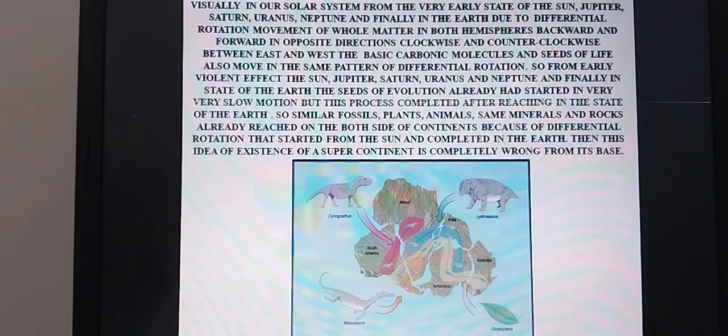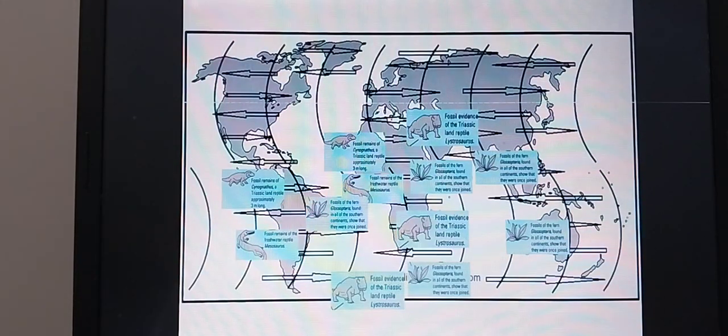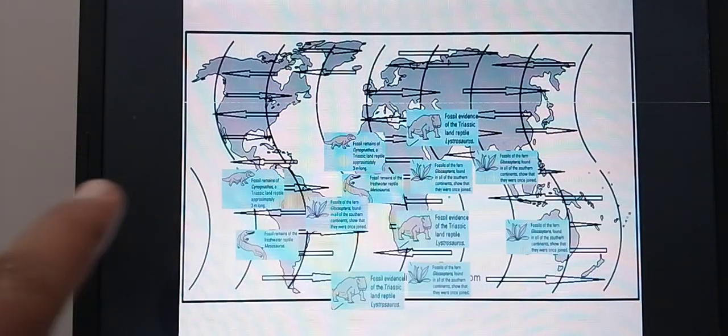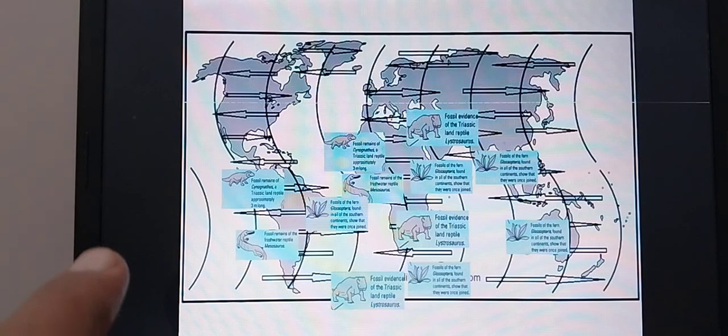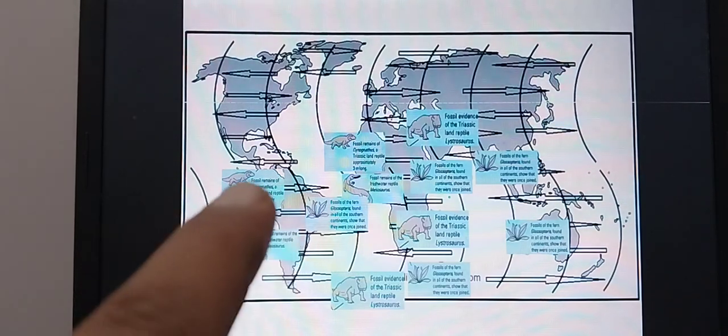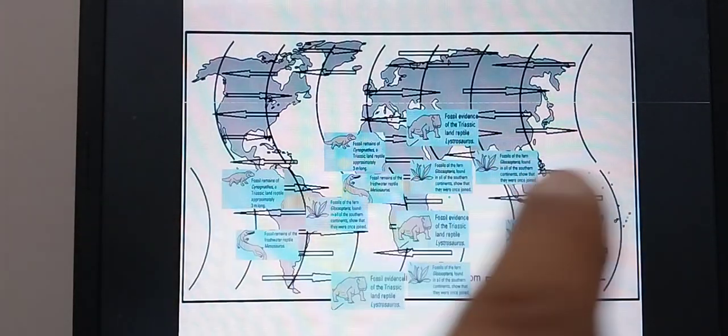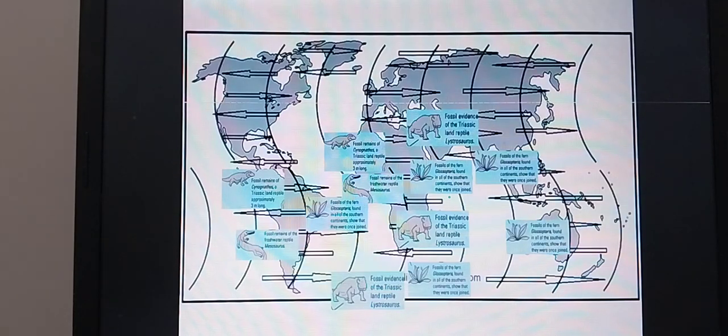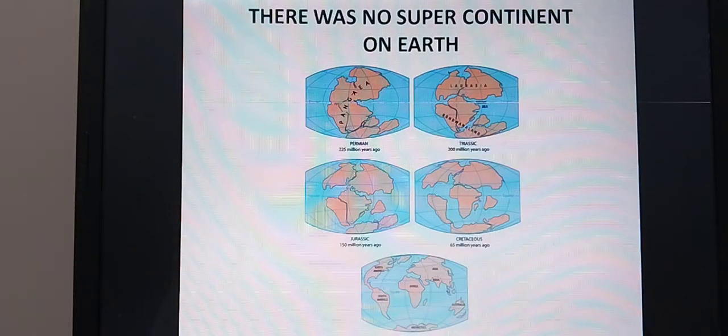Due to the force of differential rotation, you can see this figure. Through the long process of differential rotation, animals and plants also reached different continents, along with minerals and rocks. So there was no supercontinent Pangaea or any type of supercontinent on the Earth.